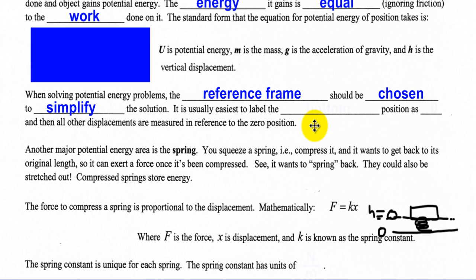So you get to choose what makes it easy for you. It's usually easiest to label the bottom position as 0, and then all other displacements are measured in reference to this 0 position. You'll see in some example problems where that becomes more clear, and it does make the problem easier.